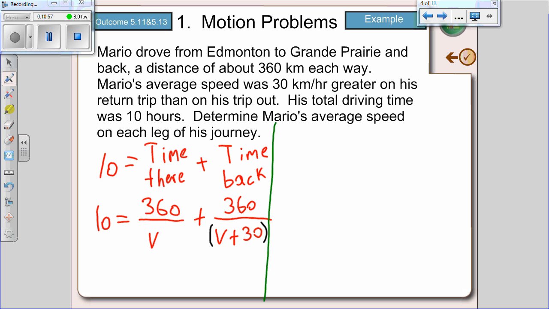Because how would you add 30 to the bottom of this thing? But you can't just add fractions. Now you have the same problem. But you can multiply fractions really easily. So we would multiply this by the fraction V plus 30 divided by V plus 30. Yeah, V squared plus 30V.